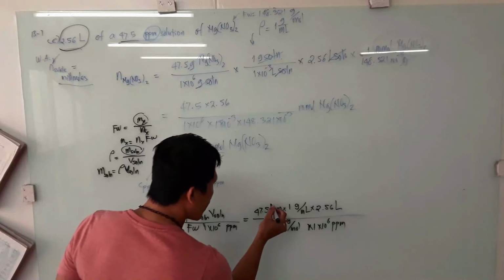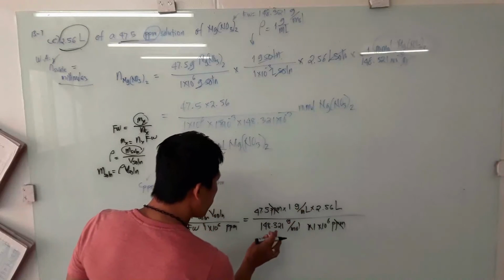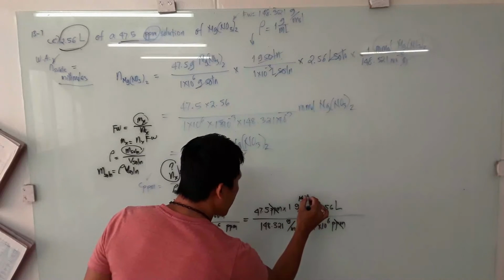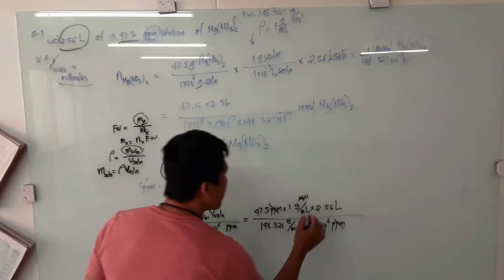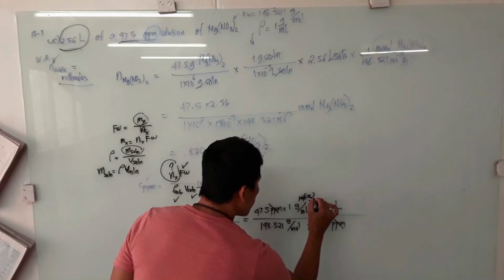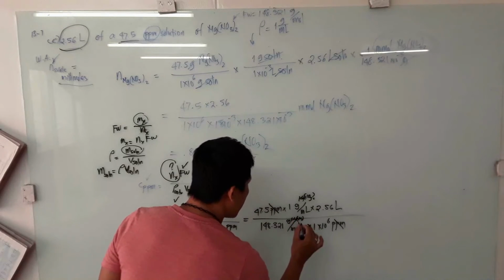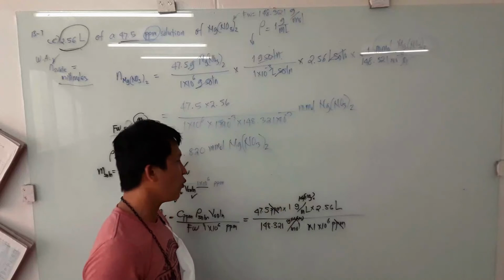By that, you can already cancel the ppm. What remains are the grams of Mg, you're talking about magnesium nitrate, Mg(NO3)2. But again, for this to work, you have to understand what you're writing.